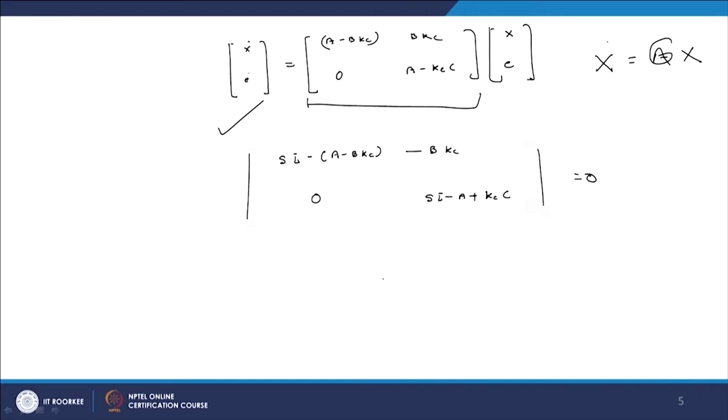In terms of determinant we will get SI minus A plus B into KC, and SI minus A plus K into C.